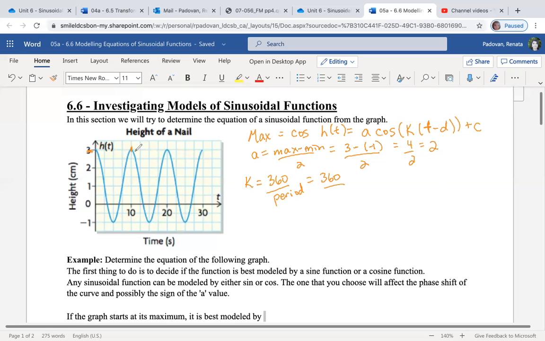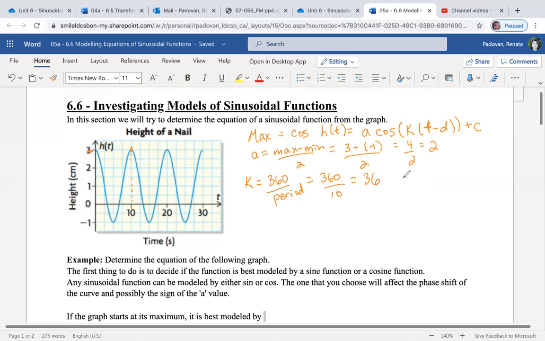And then is it repeating? It looks like it's repeating, right? Back down, back up, back down, back up. So this would be 3 cycles here that would take 30. So you could just take 30 divided by 3 to get 10, or just look at where the first cycle ends. And the first cycle takes 10 seconds. So the k value is 36, 360 divided by 10.